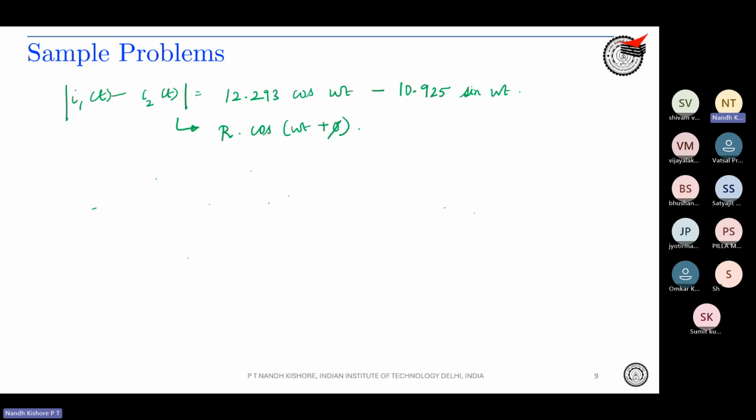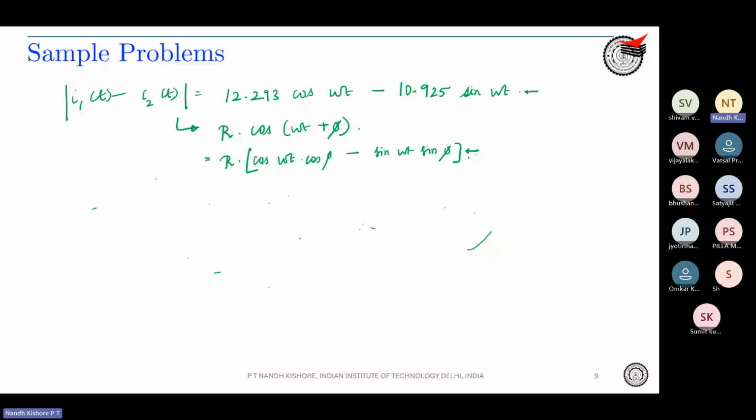So what do I do? If this is what I want, I can write this as r into cos omega t cos phi minus sin omega t sin phi, right? Now you can compare with the identity, right? This and this can be compared.